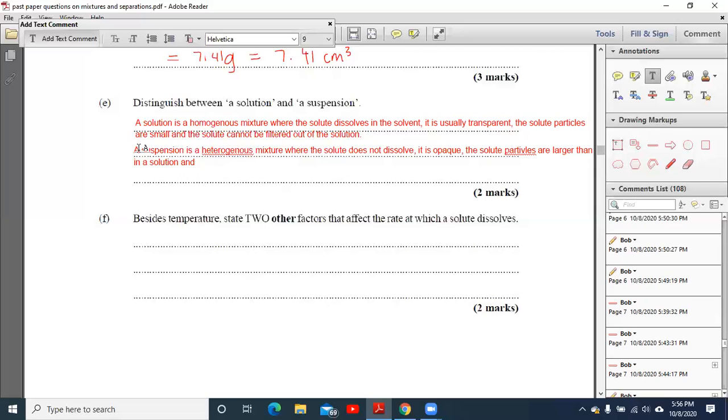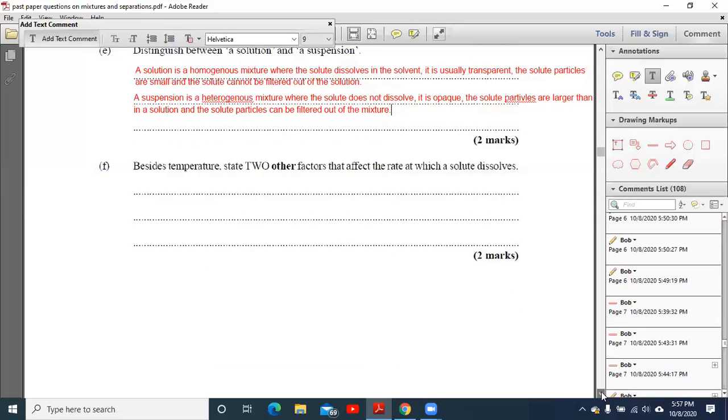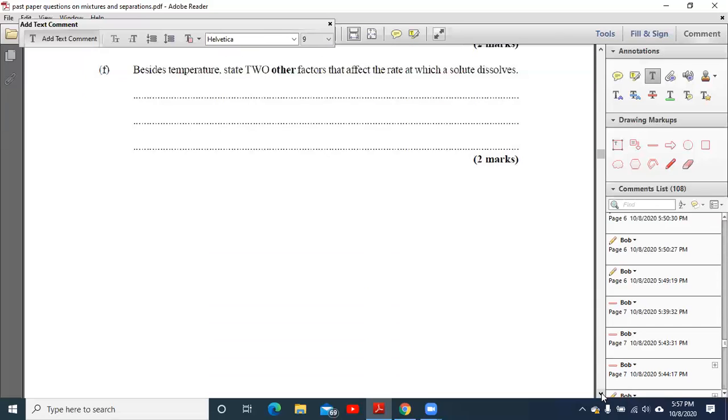And finally, the solute particles can be filtered out of the mixture. So you're giving a direct comparison, showing mainly the differences between the two. How are you going to distinguish between the two?